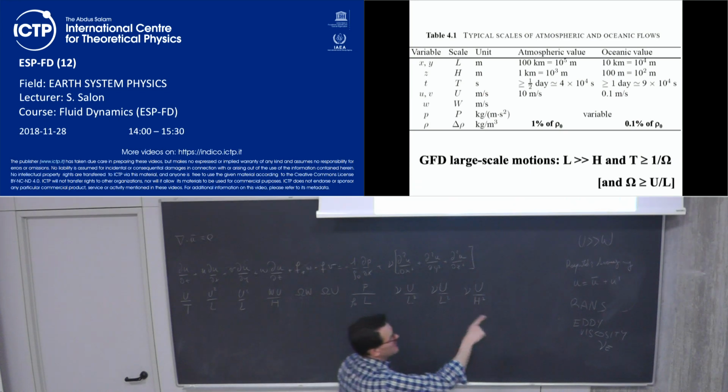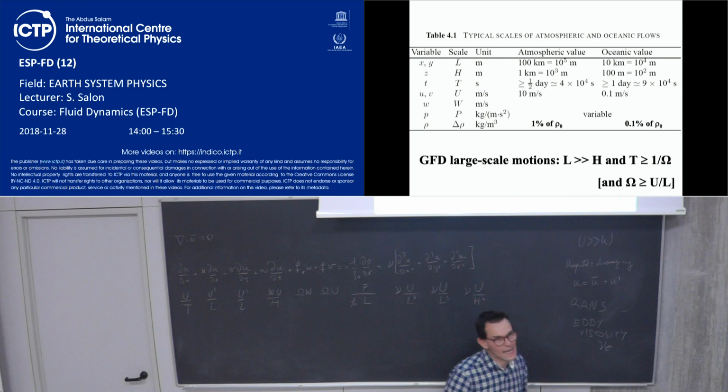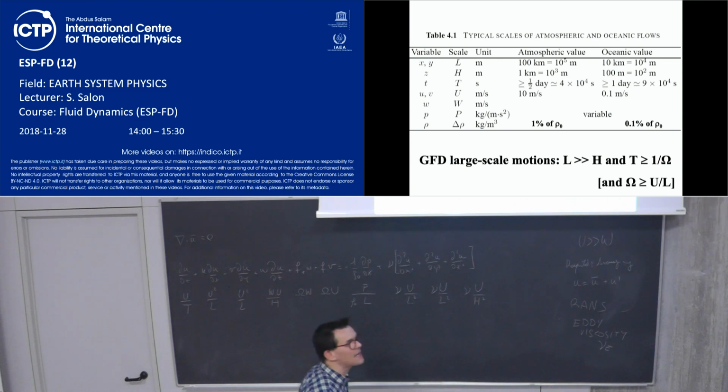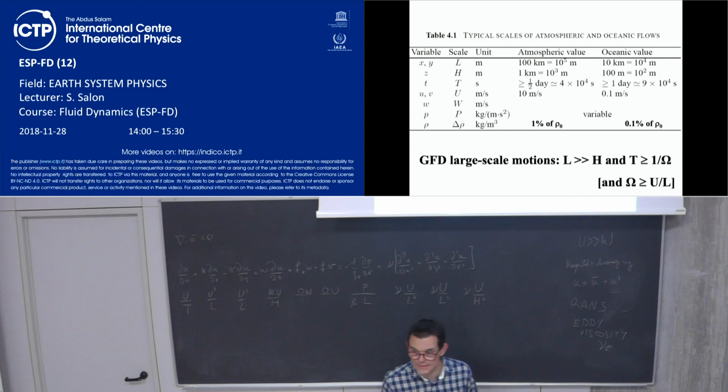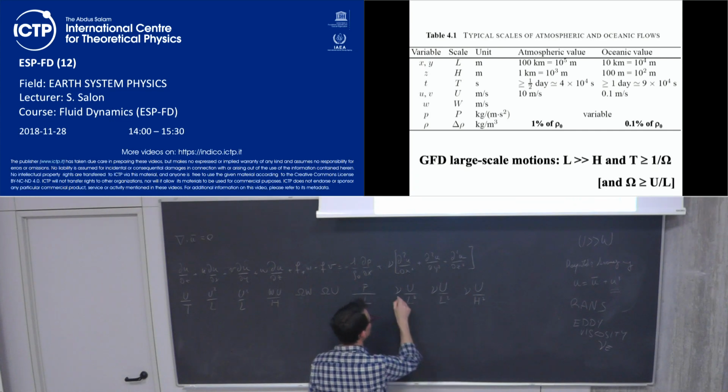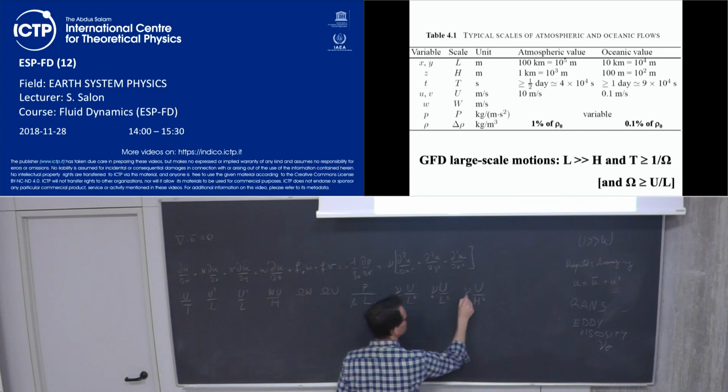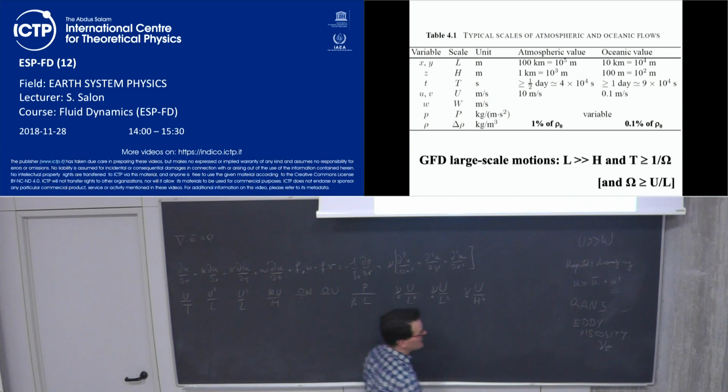But when we apply the Reynolds averaging, which is not a simplification but a sort of clarification of the fact that the role of turbulence within GFD is extremely important, this term here will actually be substituted by the eddy viscosity.